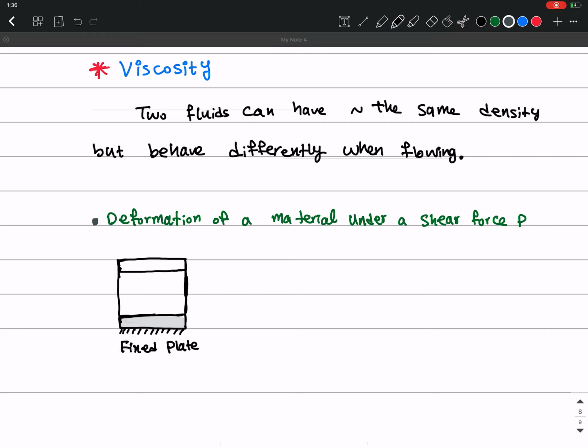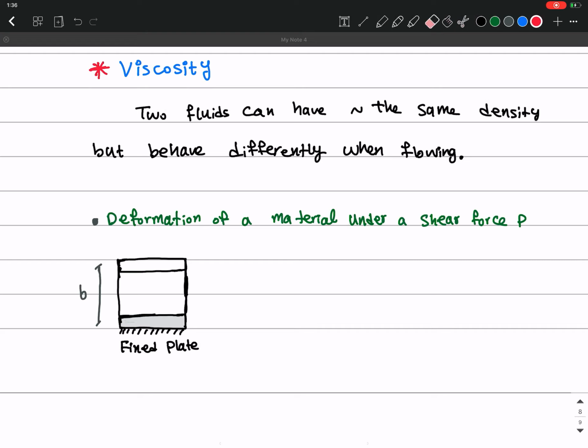Okay. And then these are some properties of that. So this length is B. Okay, so what I want to do is exert a force to this.